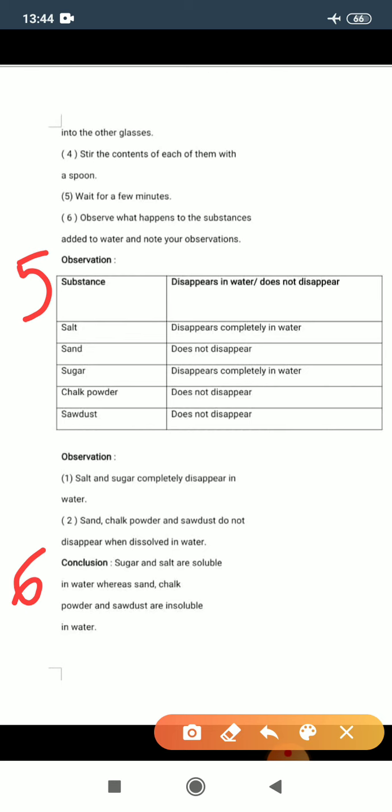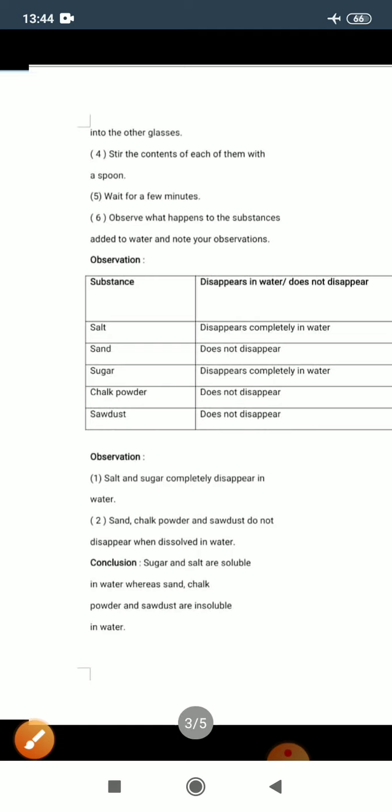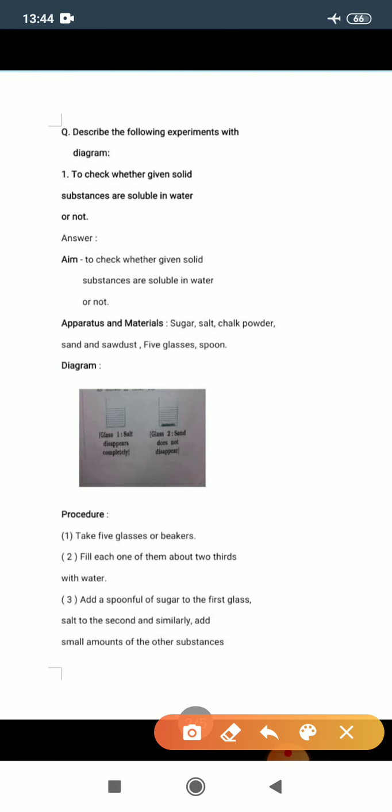So you need to write all the experiment in these steps only. In this we had taken apparatus: sugar, salt, chalk powder, sand and sawdust, and in material we had taken 5 glasses, or you can say 5 beakers, and a spoon for stirring the substance.